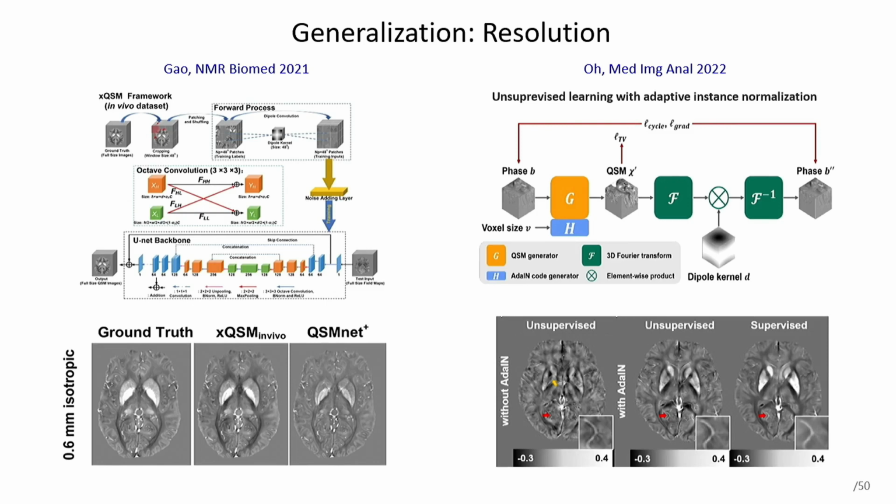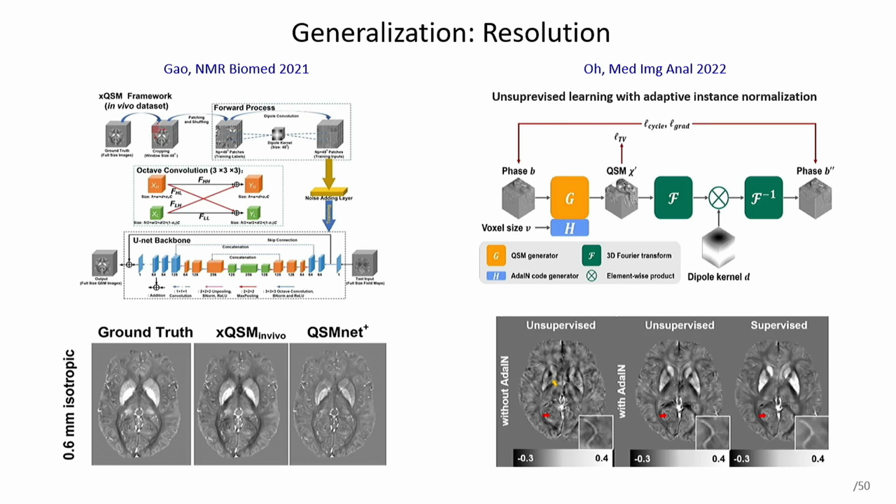People have been working on this topic of generalization on resolution, and one of them is XQSM, which utilizes octave convolution that naturally mixes high frequency and low frequency together so that you can restore some of the features that may be lost in the higher resolution data sets.